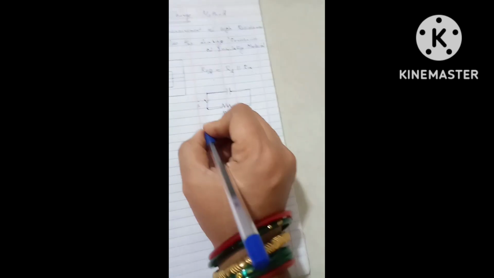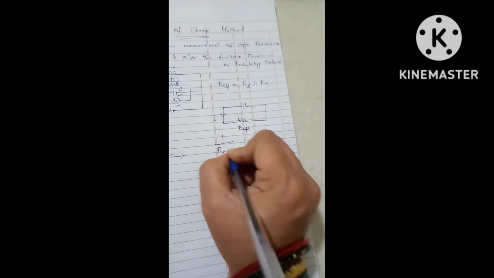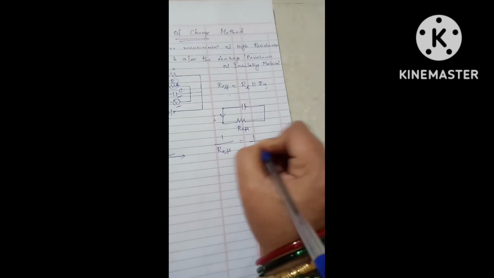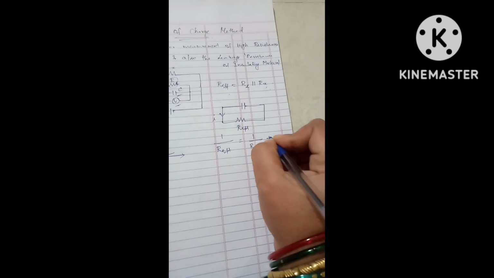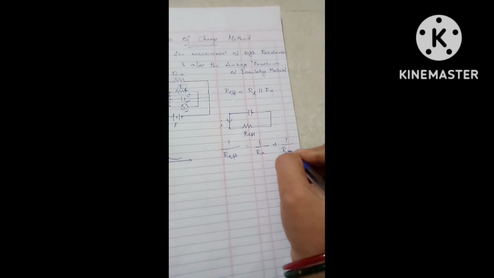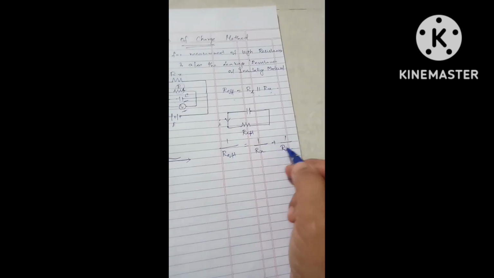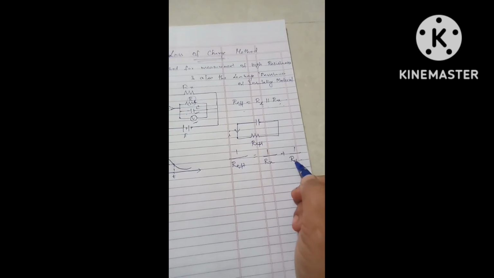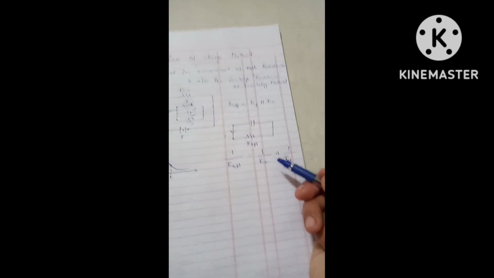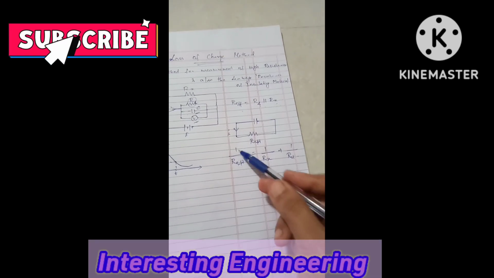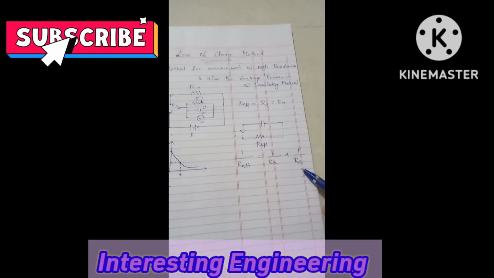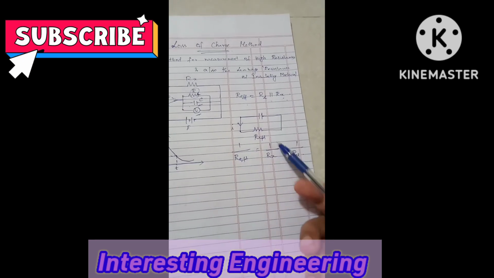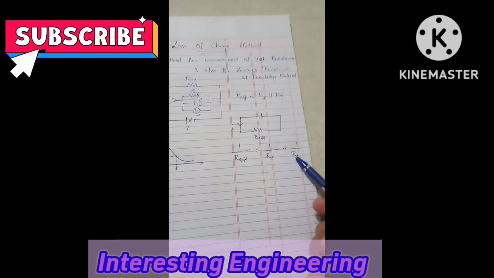As we all know, when two resistors are connected in parallel, the effective resistance is given by the reciprocal sum, so 1 by R effective will be equal to 1 by Rx plus 1 by RL.